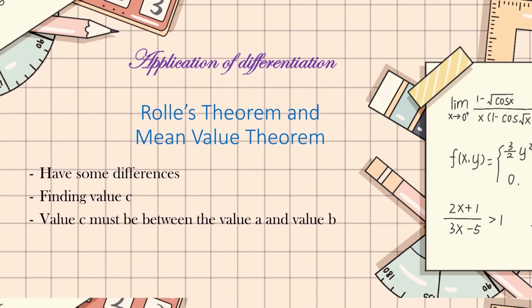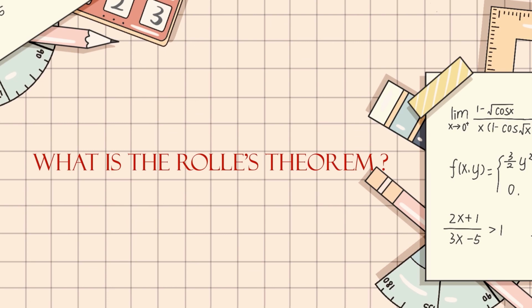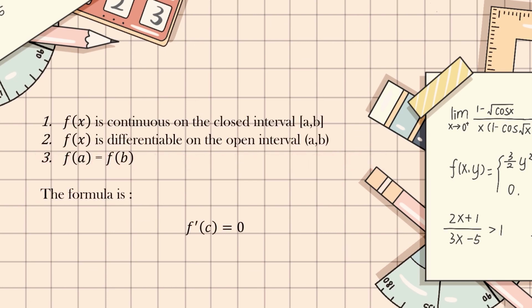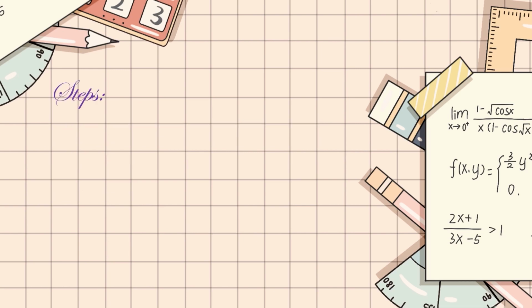Okay, the first one. What is Rolle's theorem? f(x) is continuous on the closed interval [a, b]. f(x) is differentiable on the open interval (a, b). f(a) equals f(b), and the formula is f prime c equals 0. To make it easier, there are a few steps. The first step is to find the value of f(a) and f(b).